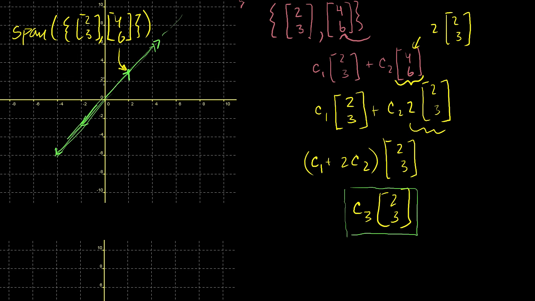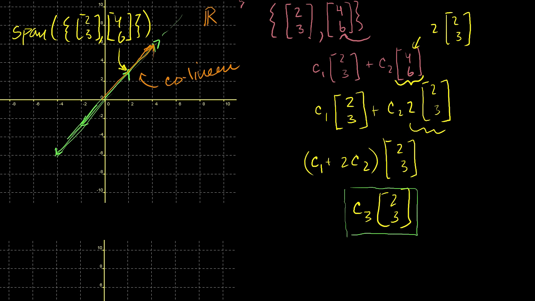Even though we have two vectors, they're essentially collinear. They're multiples of each other. I mean, if this is 2, 3, 4, 6 is just that longer one right there. These two things are collinear. Now, in this case, when we have two collinear vectors in R2, their span just reduces to that line.